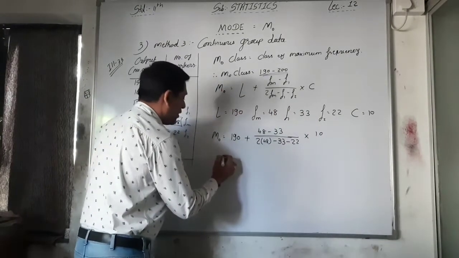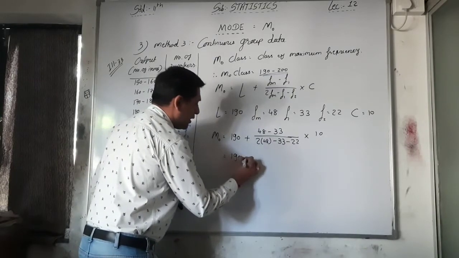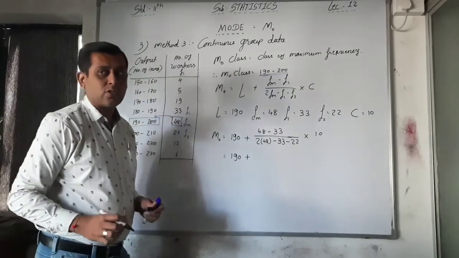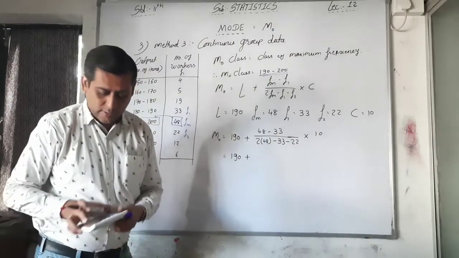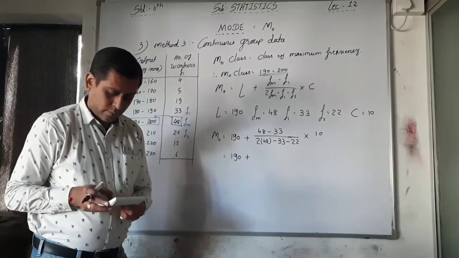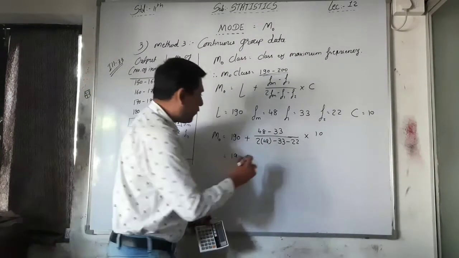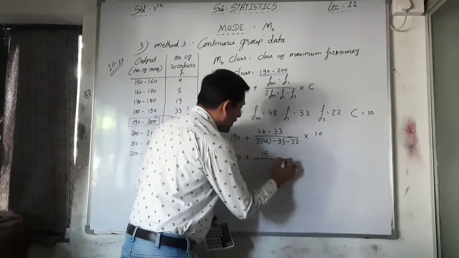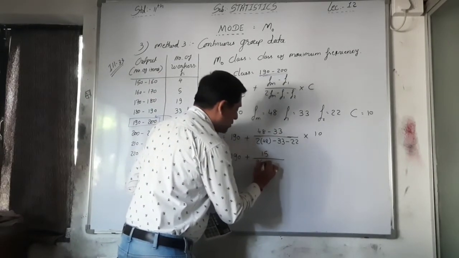So now simplify here. 190 plus 48 minus 33. What is the answer? See here. It is 15, divided by 96 minus.